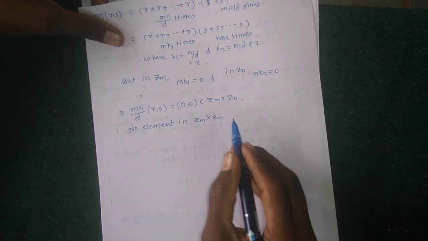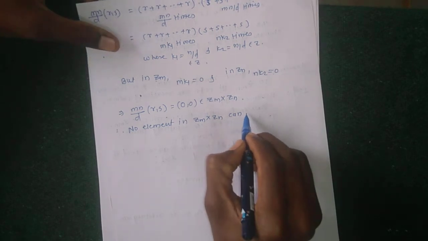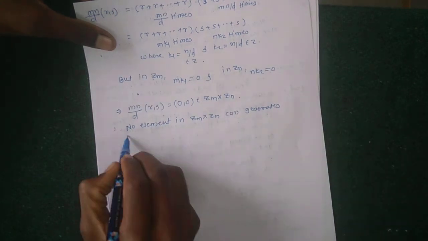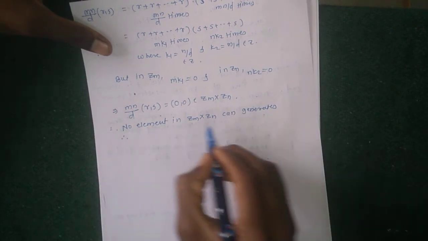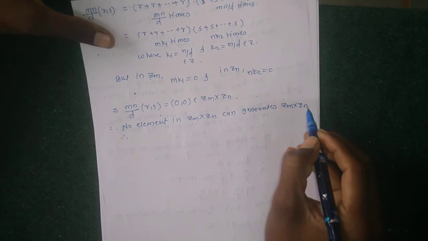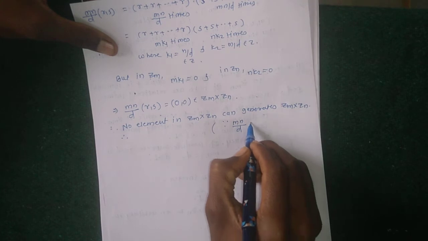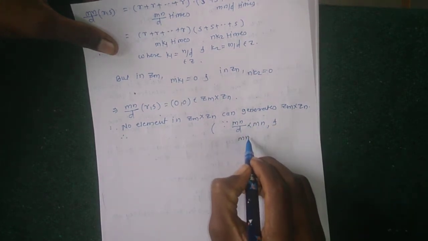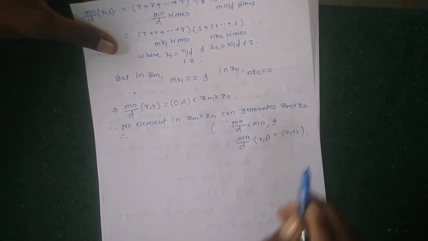That is, no elements in Zm cross Zn can generate Zm cross Zn. Why? Since mn divided by d must be less than m and n, and mn by d times RS is equal to (0, 0).